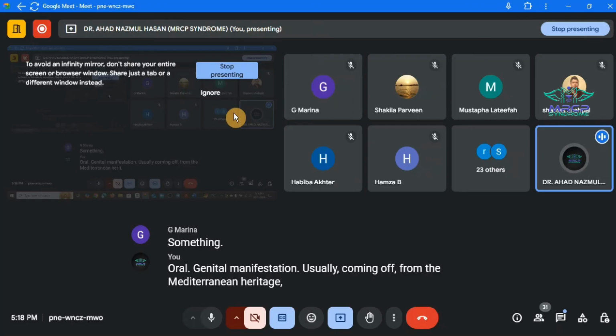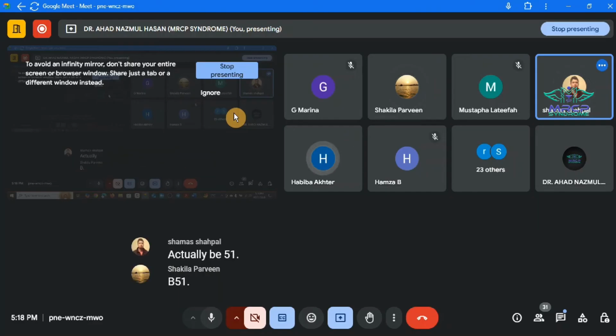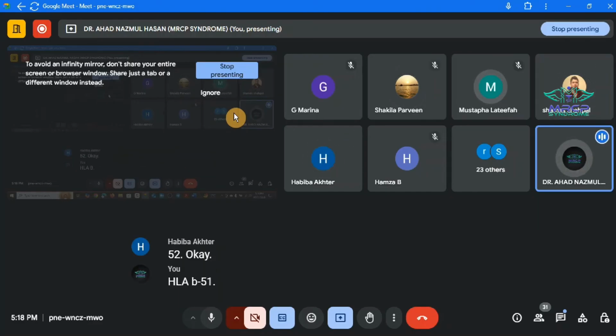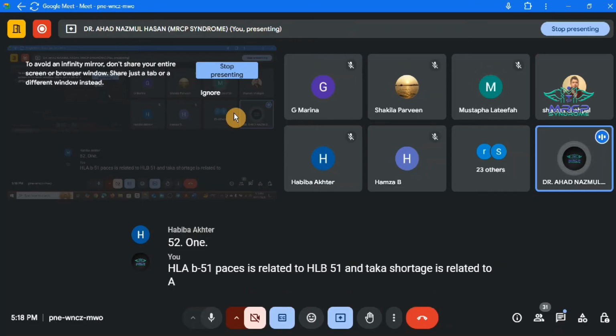And which HLA is related to Behçet's? HLA-B51. Behçet's is related to HLA-B51, and Takayasu arteritis is related to HLA-B52.